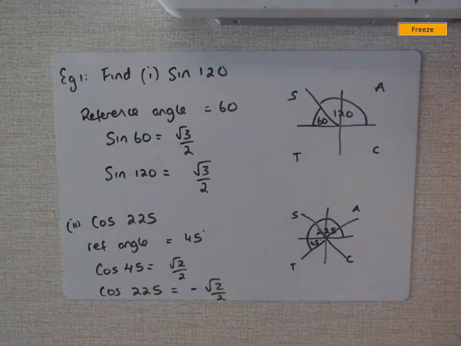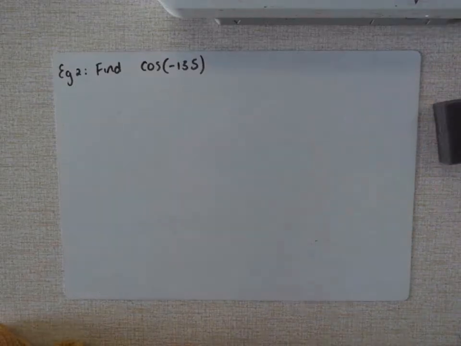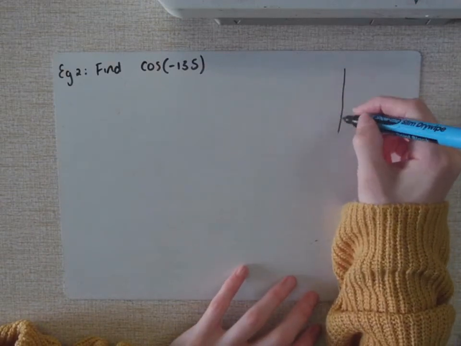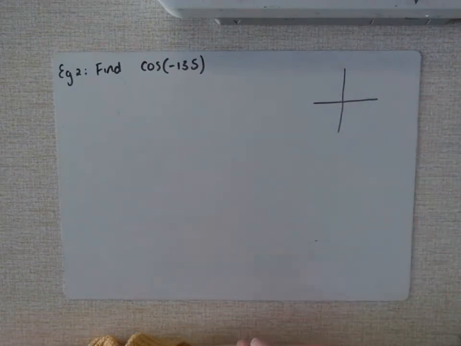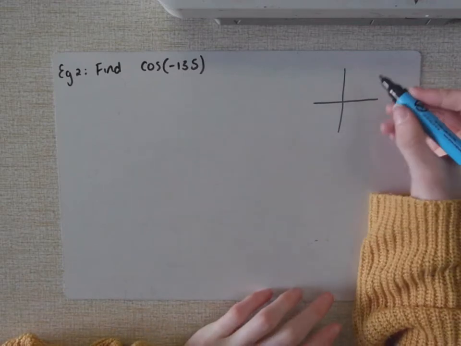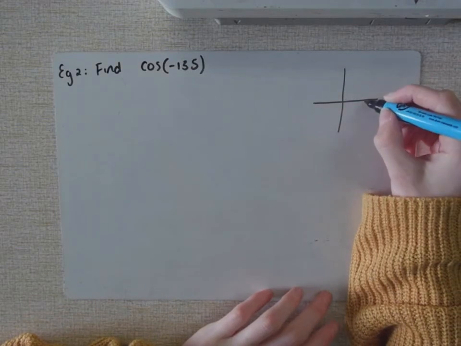Okay, example 2. Find cos of minus 135. When you have a minus angle, it means you're starting here and going this way.